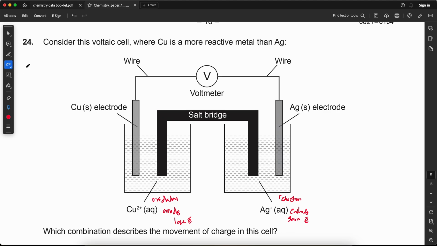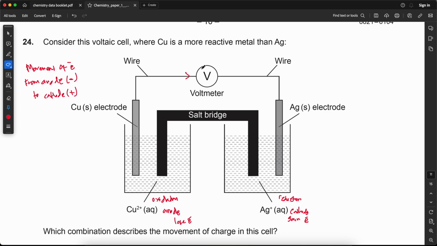In a Voltaic cell, the movement of electron is from anode, which is the negative electrode, to cathode, which is the positive electrode. So this is the movement of the electron.